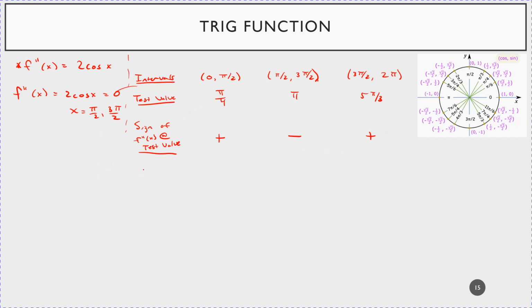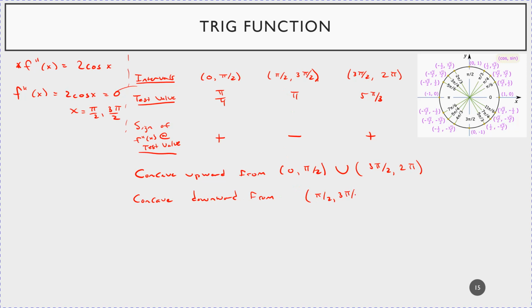So we can say that this graph is concave upward from 0 to pi over 2 and from 3 pi over 2 to 2 pi. And then it's concave downward just from pi over 2 to 3 pi over 2.